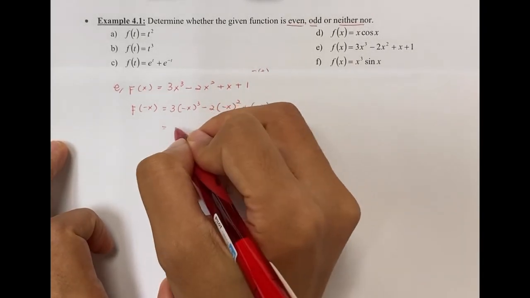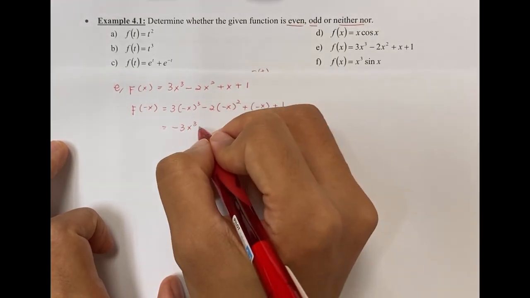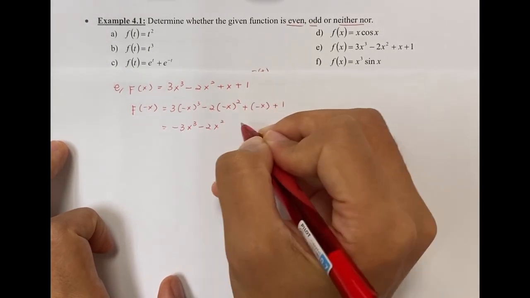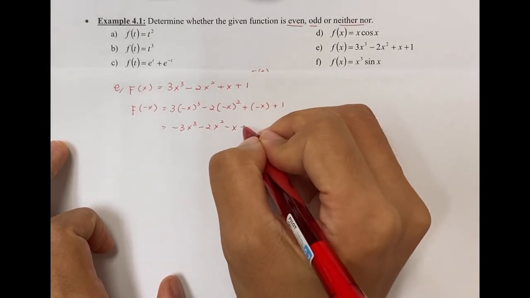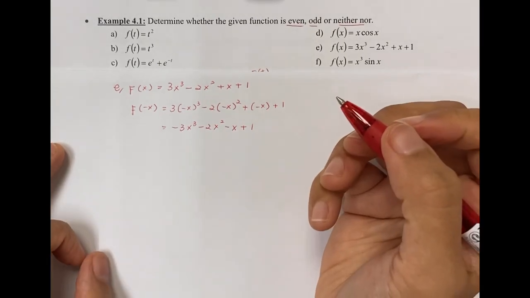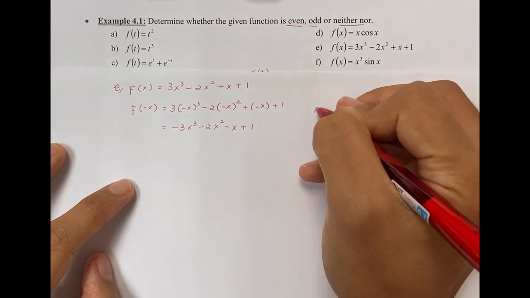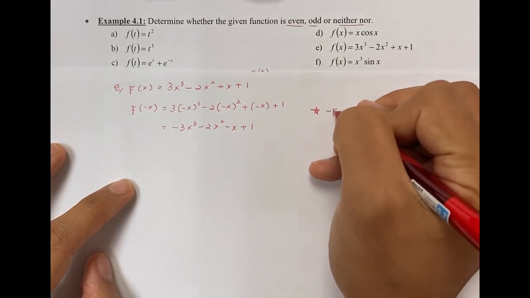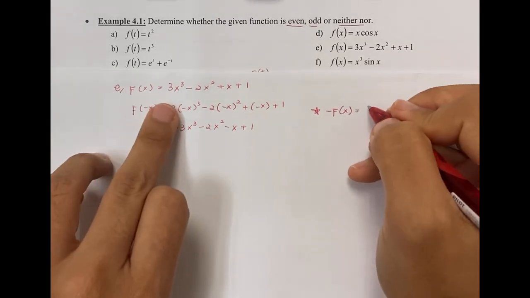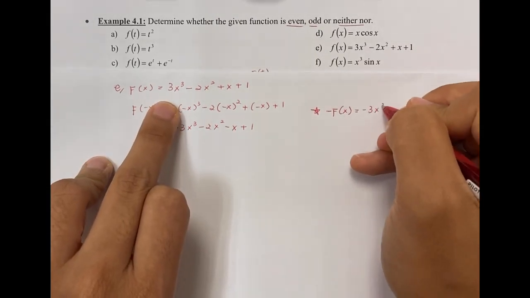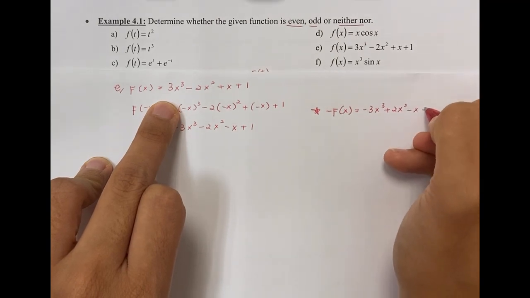This is equal to negative 3x cubed minus 2x squared minus x plus 1. So is it equal to negative f(x)? So supposedly it becomes negative 3x cubed plus 2x squared minus x plus 1.